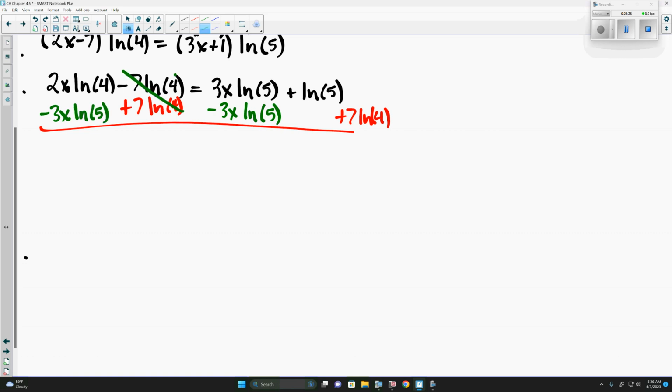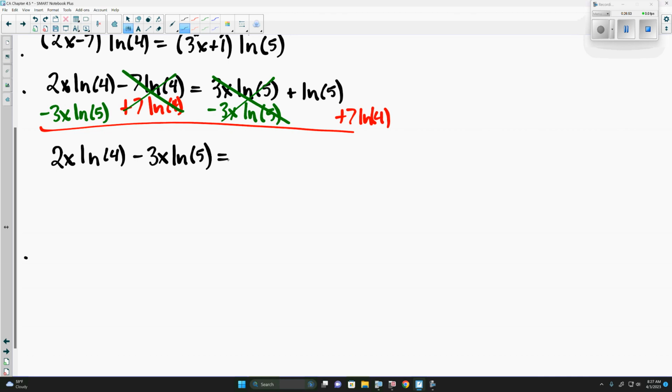Now on the left-hand side, our negative 7 ln of 4 plus 7 ln of 4 is 0. On the right-hand side, the 3x ln of 5 minus 3x ln of 5 is indeed 0. So what that leaves us with is 2x ln of 4 minus 3x ln of 5.